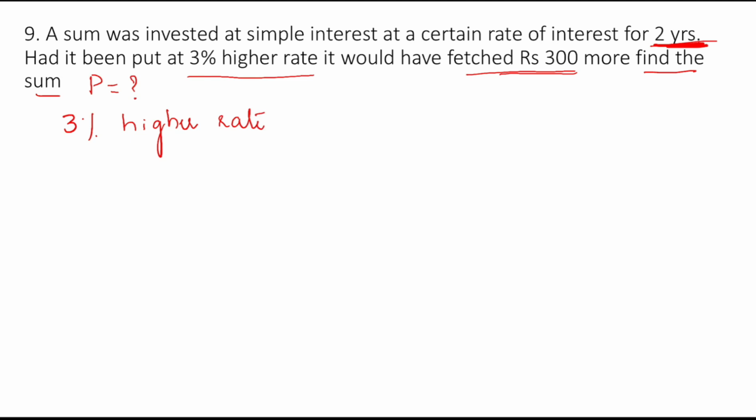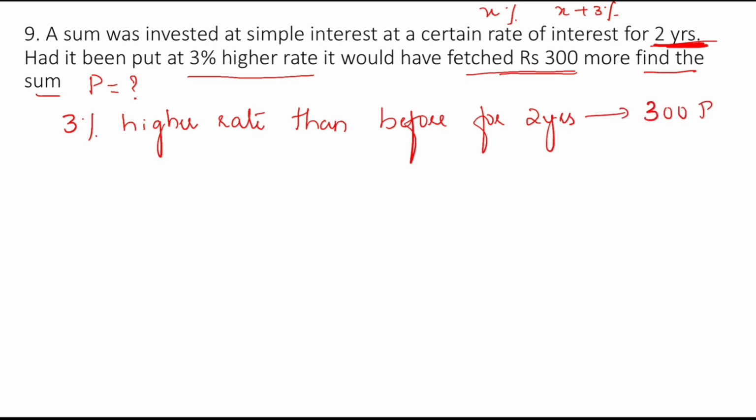Okay, 3% higher rate than before. Whatever was before, say it was X percent, then if it was invested at X% plus 3% for 2 years, we would get 300 rupees more, isn't it?